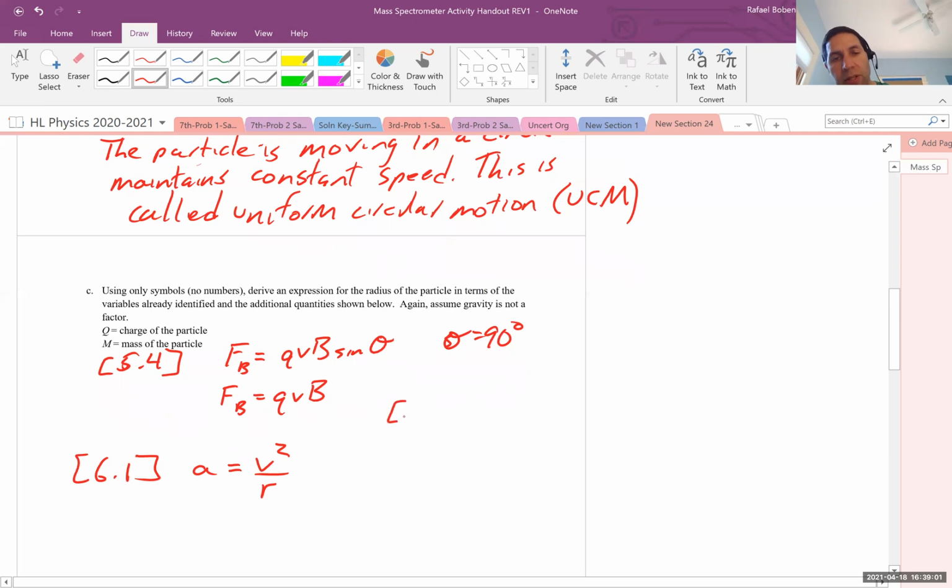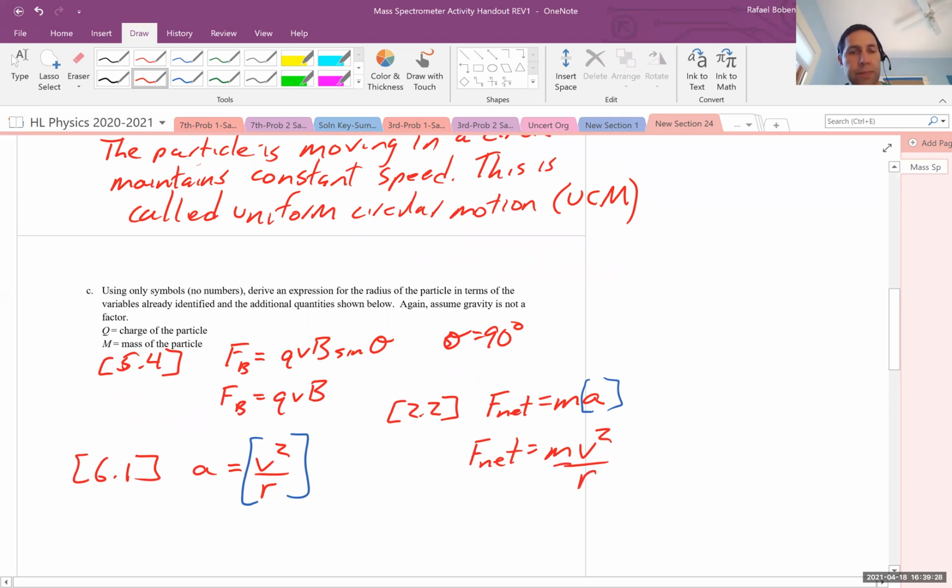Again, you shouldn't have to refer to this, but subtopic 2.2 tells you that the net force acting on an object equals the object's mass times its acceleration. Okay, so now watch what we're going to do here. I can basically say, oh look, acceleration in this special case is equal to v squared over r, right? So let me put that in there. When I do that, I get that the net force is equal to mass times the speed squared of the particle divided by its radius.